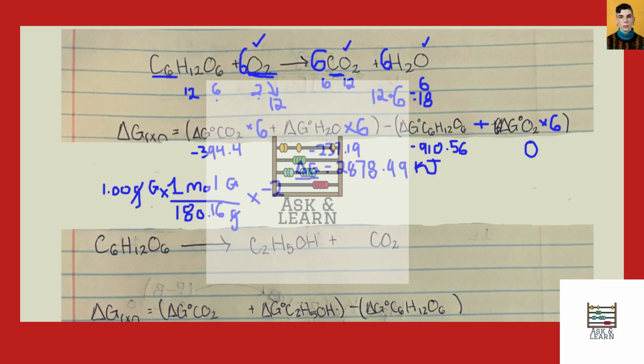This is actually negative 2,878.99 kilojoules per mole of glucose. So if you multiply out there, sorry, this is getting very messy, but you should get negative 16 kilojoules per 1 gram of glucose.